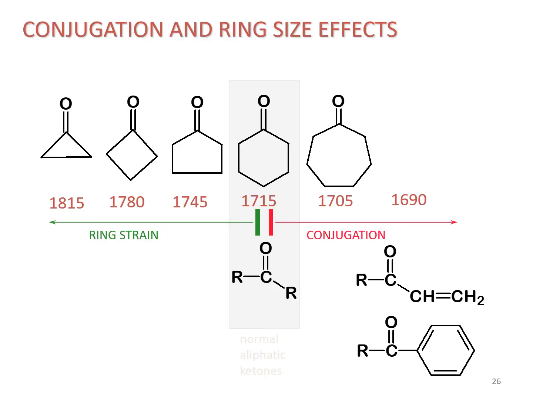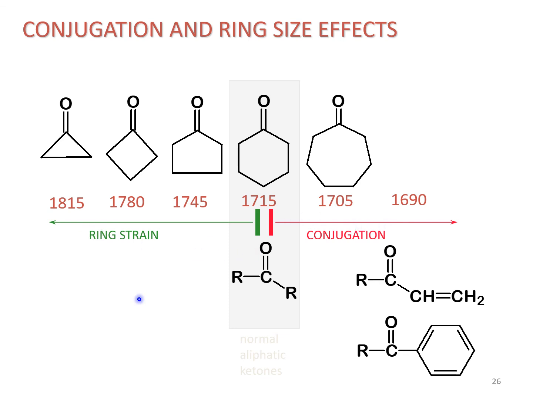Now go through the example. Over here, let's say first one, there's a 3-membered, 4-membered, 5-membered, 6-membered, 7-membered ring attached with the keto group. Now look from left to right how the frequency is going to change: 1800 to 1700.